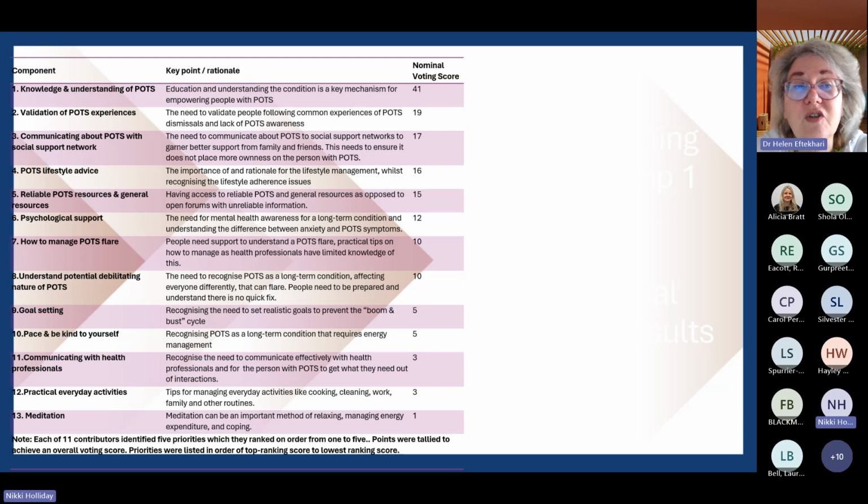Then communicating about POTS with social networks, POTS lifestyle, reliable resources and information, psychological support, how to manage flares, understanding the potentially debilitating nature of POTS as a variable condition that's invisible and doesn't have a quick fix, and a number of other ones that came through as well.